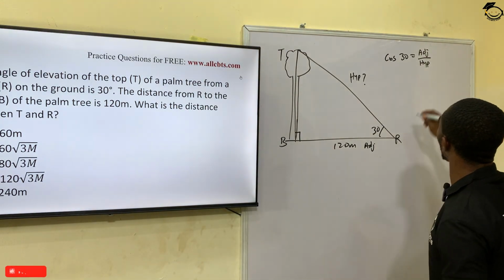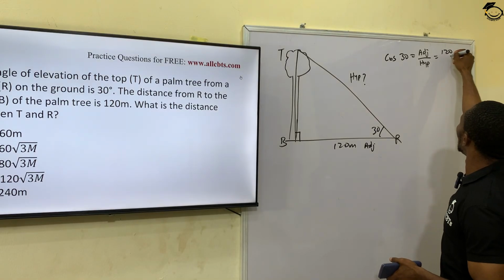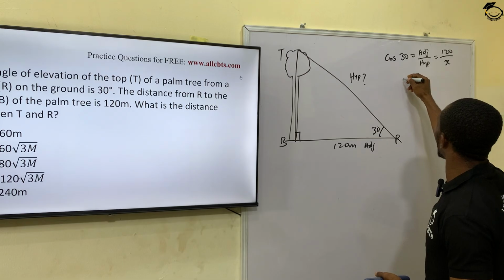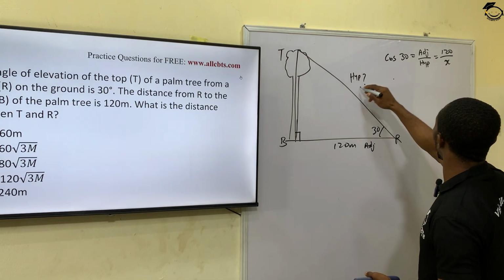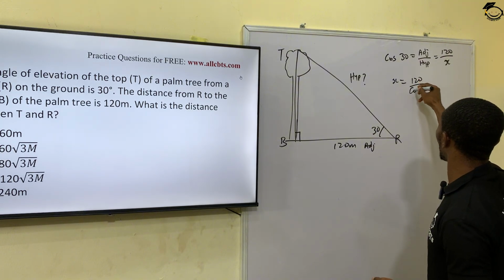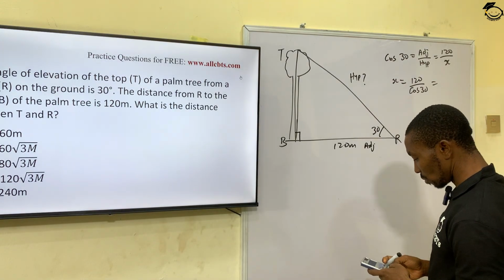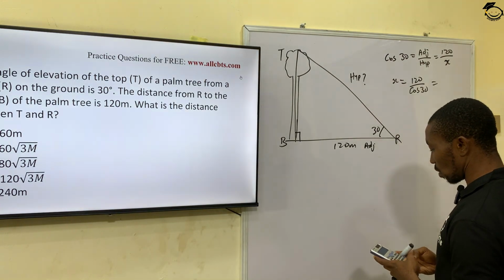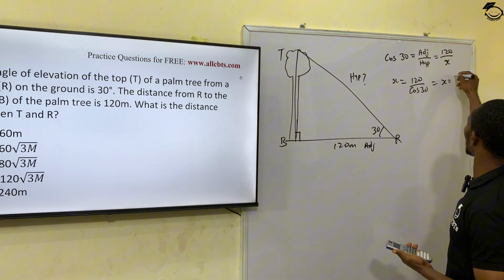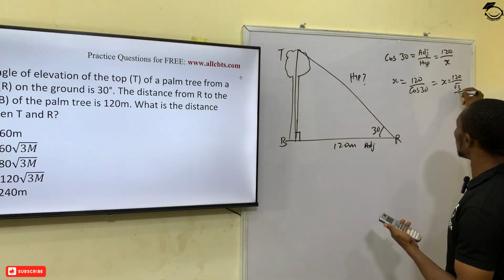Where our adjacent is 120, and the hypotenuse is unknown. So our hypotenuse x will become 120 divided by cos 30, and cos 30 is giving us x equals 120 over root 3 over 2.